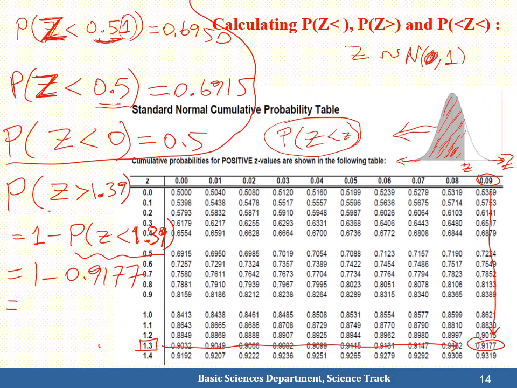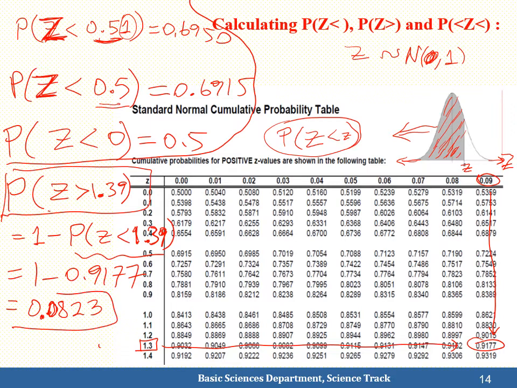Now when you do the subtraction, I think it will be 23 here... No, sorry, it's one more 0 here. So the probability that z is bigger than 1.39 is found to be 0.0823.